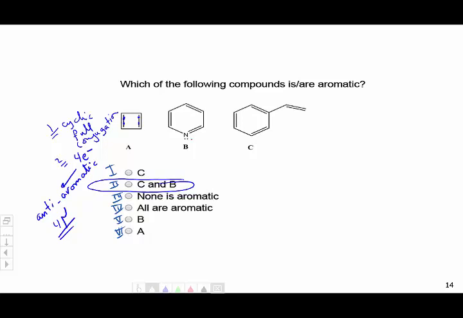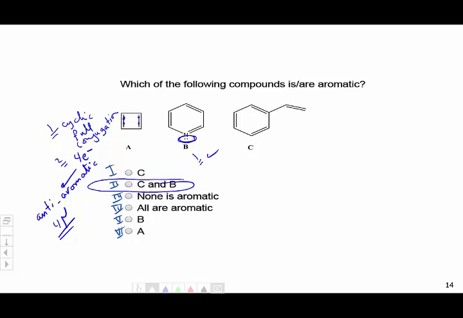Now going to B, a heterocyclic compound. So we have a cycle. Yes, it is cyclic, fully conjugated. The question is, would I consider the lone pairs of the nitrogen part of the pi system or not? We said that if the nitrogen is double bonded, we're not gonna count the lone pairs of the nitrogen. Why?